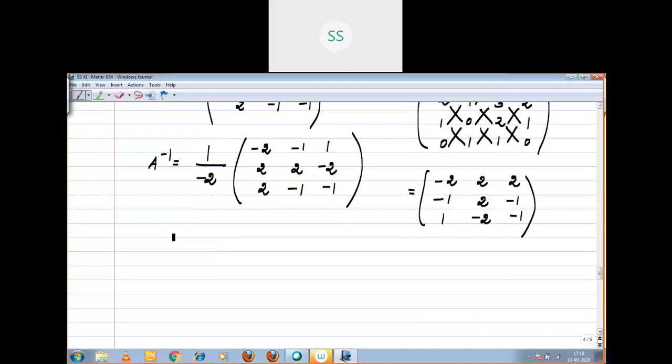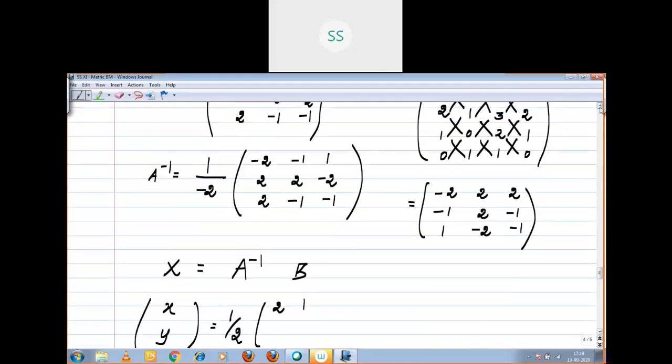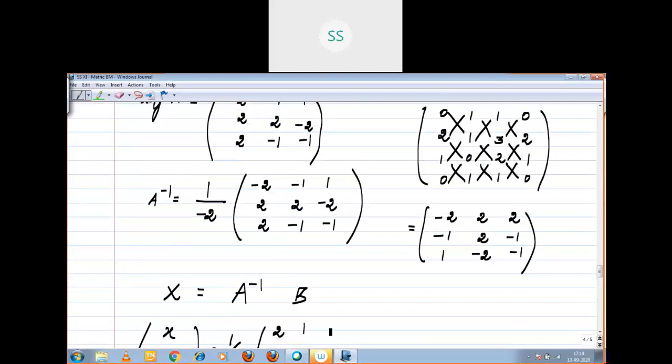X is equal to A inverse B. X, Y, Z. Use minus and multiply. 1 by 2 into 2, 1, minus 1.